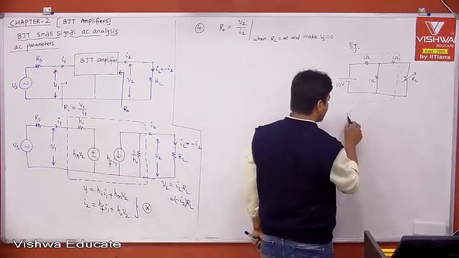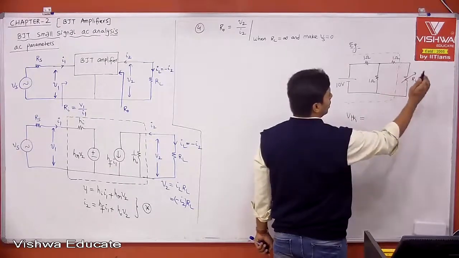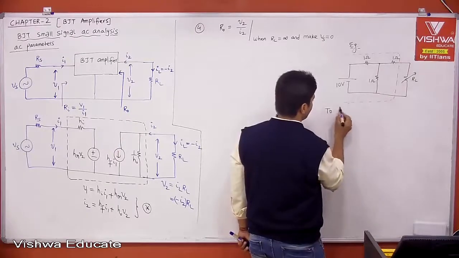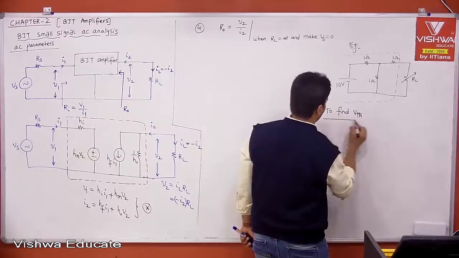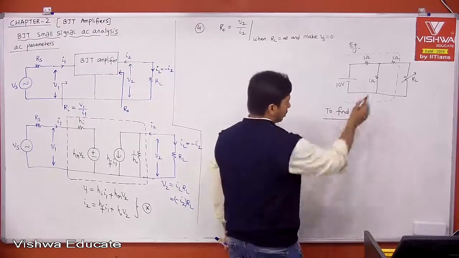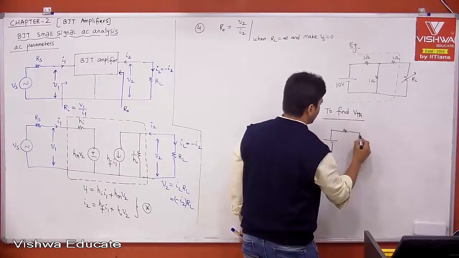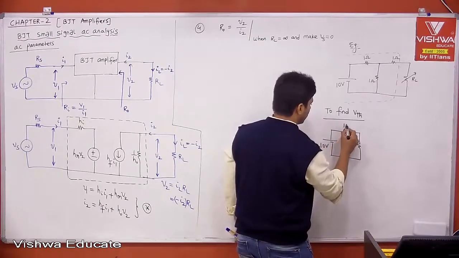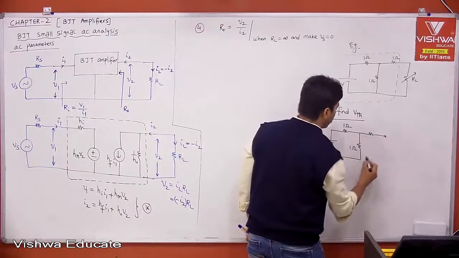What is VThevenin in this example? Once you exclude the load, it is open. So to find VThevenin, open the load. You have the 10 volt battery, 1 ohm, and a resistor, but it is open.